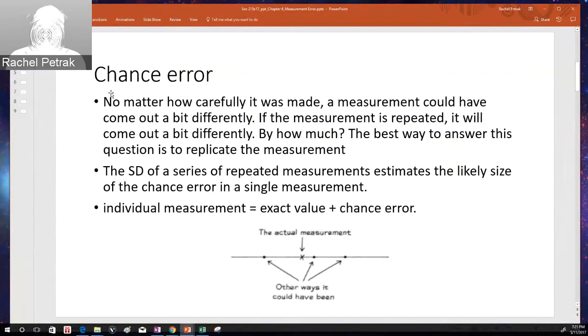That error is the chance error. There's always some chance error. How much is the chance error for any particular variable? Well, you don't know going in. This is why it's an issue. The best way to answer the question of how much chance error is there is to replicate the measurement.